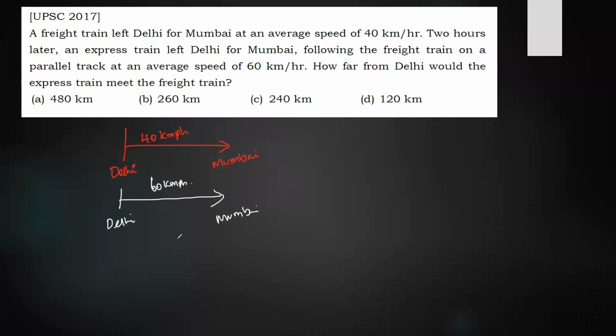So definitely it will catch the previous train, right? The second one is the faster train. So here we need to find the distance. So how will you find it? Any idea?